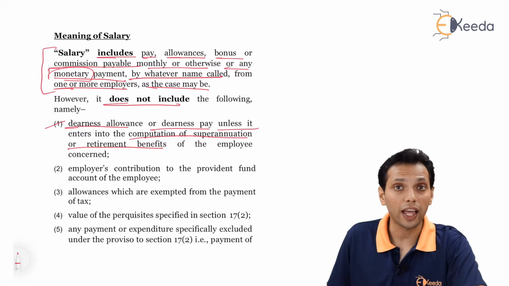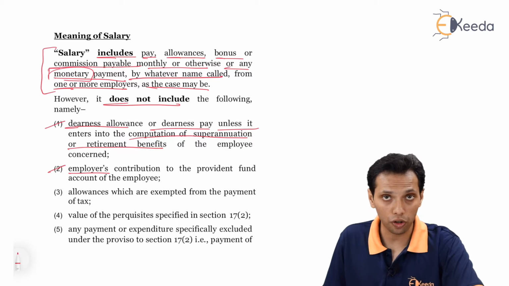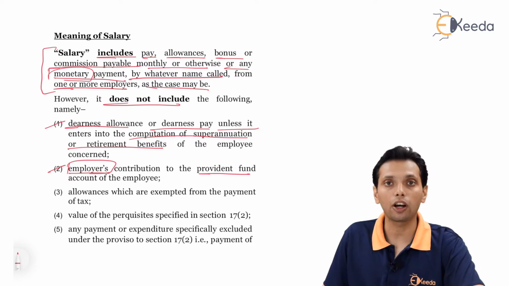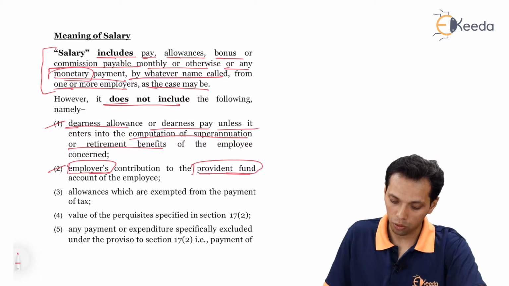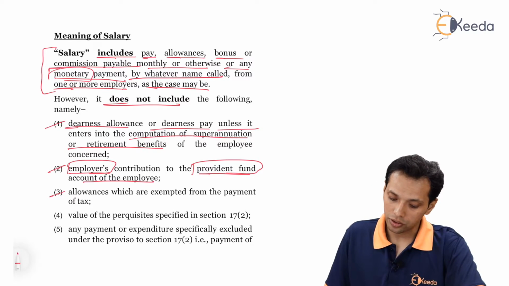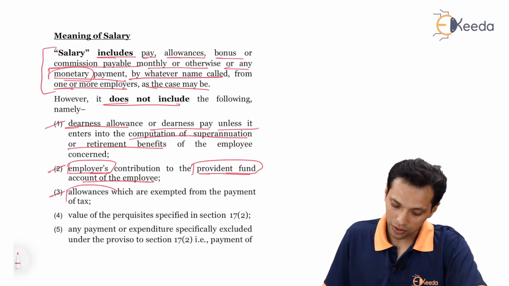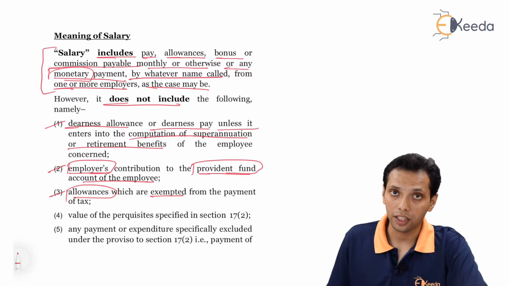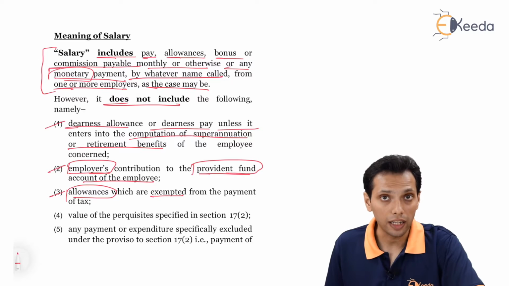This was the first exclusion. Second exclusion is employer's contribution to the provident fund account of the employee. Third exclusion is allowances which are exempted from payment of tax: gratuity partly exempt, leave travel concession partly exempt, HRA partly exempt.